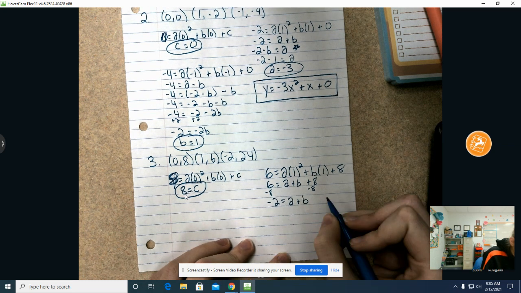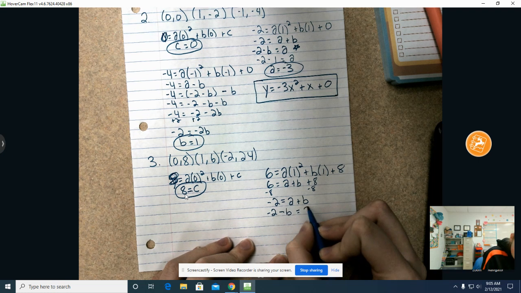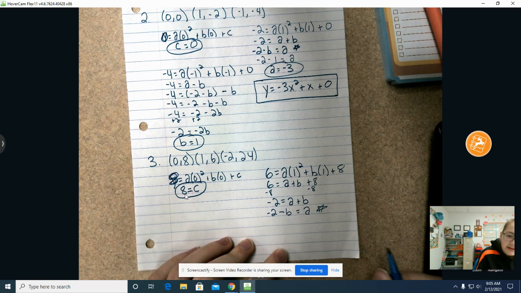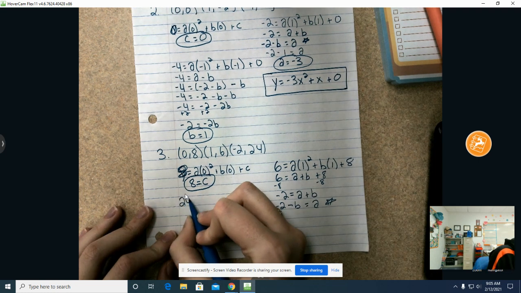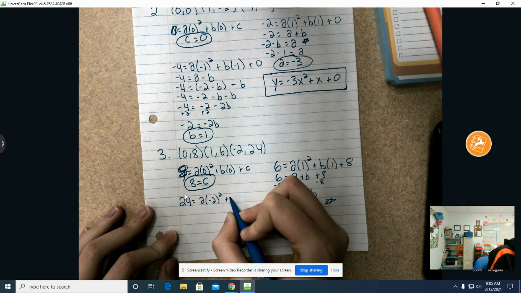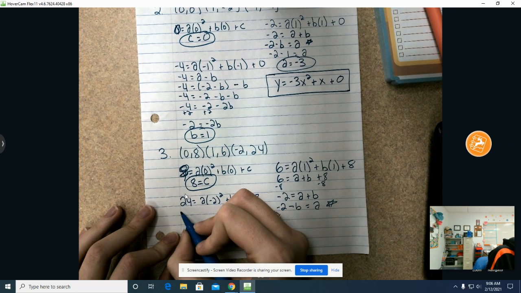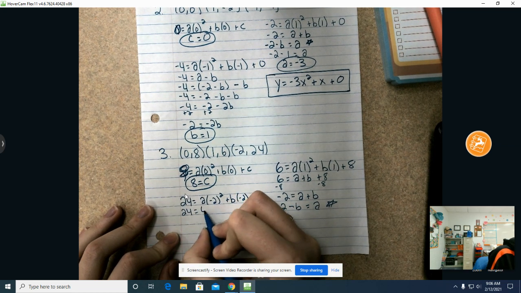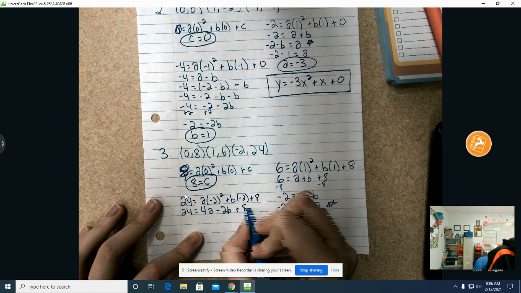So we'll solve for one of them. -2 minus b equals a. So we'll star that. We'll have to come back to it. Then lastly, 24 equals a times -2 squared plus b times -2 plus 8. So 24 equals 4a minus 2b plus 8.